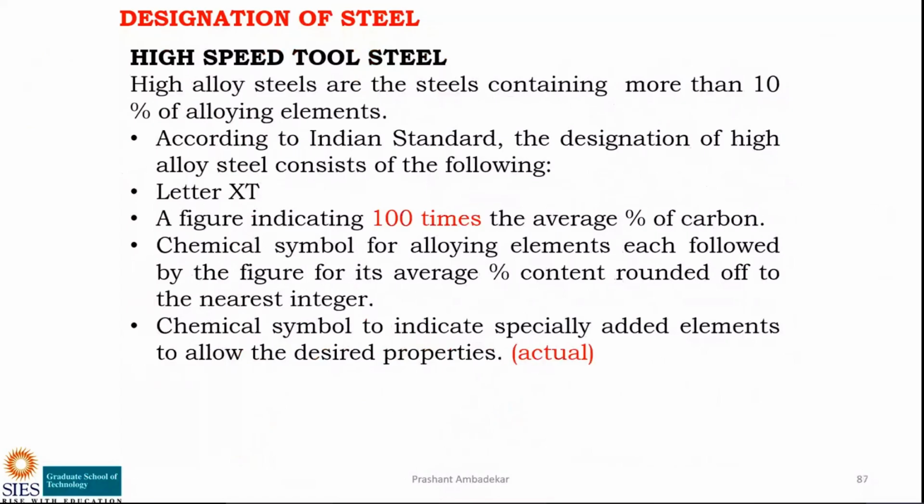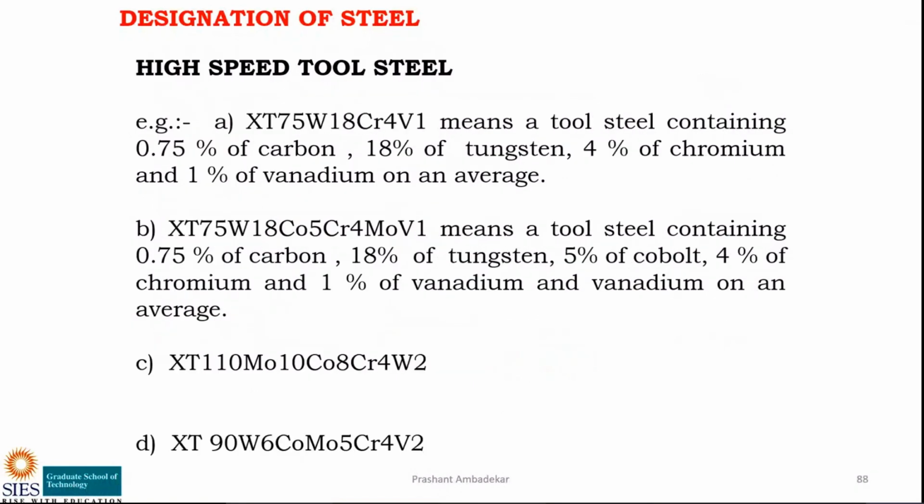Type of steel here is high speed tool steel. If it is tool steel, meaning the steel which is used for manufacturing of tool material, then it will have these elements like... what? Tungsten, chromium, vanadium. Major alloying elements: tungsten, chromium, vanadium.